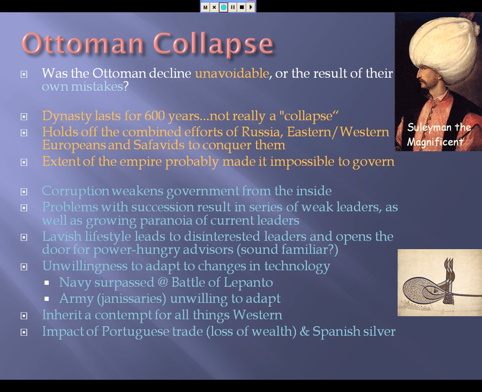And so therefore there was no reason to change. And so even when the Europeans start developing better guns and better ships, the Ottomans dismiss it. They're like, nah, their stuff can't possibly be that good. They're European. We're Ottomans. We're amazing. Nobody can compete with us. You think that long enough, you fall behind, just like China did.